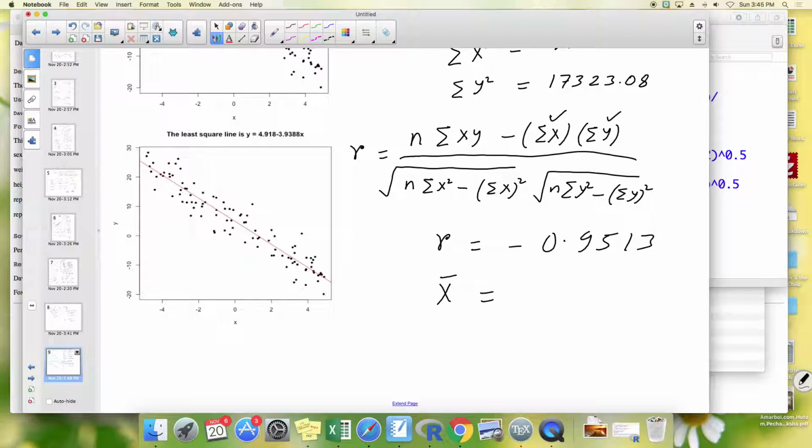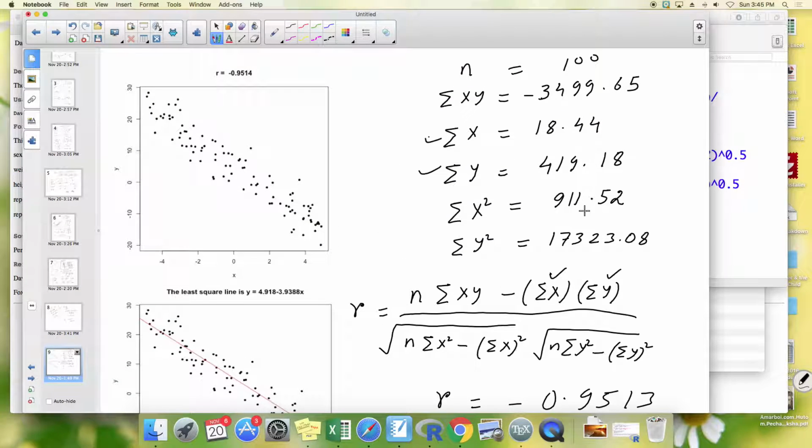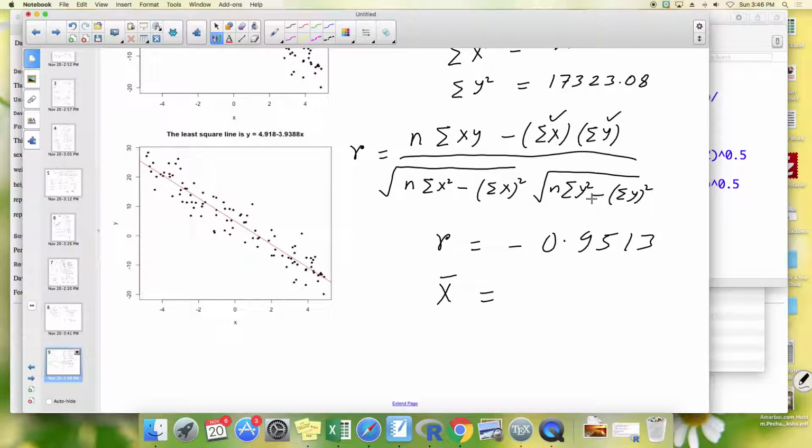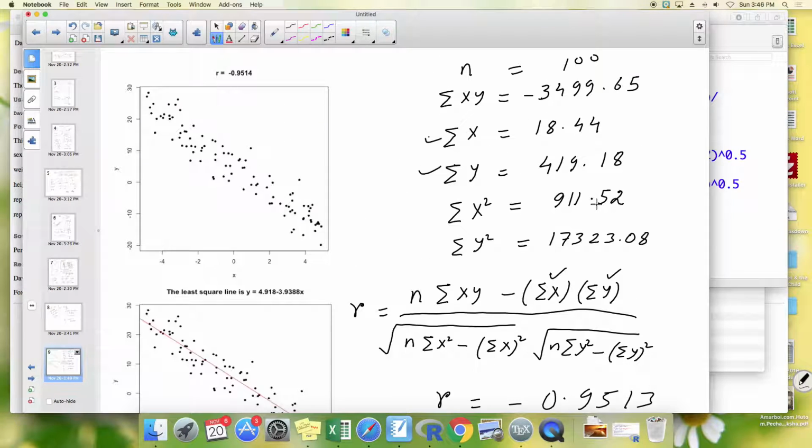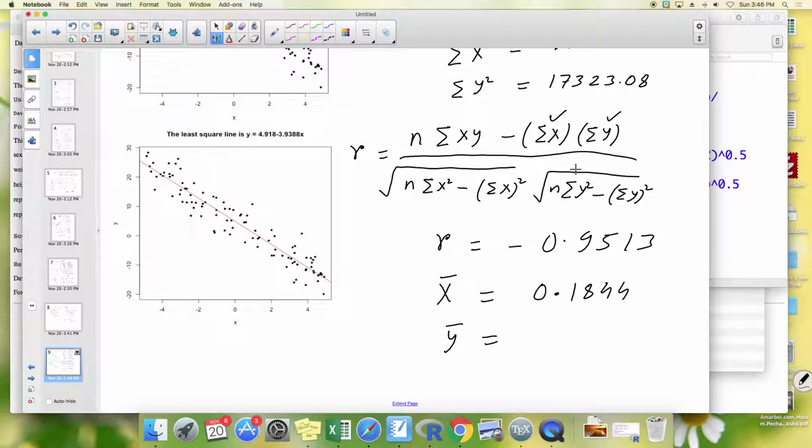So x bar is summation xi divided by 100, so 18.44 divided by 100, so 0.1844. And y bar is summation y by n, so 419.18 by 100, so 4.1918.